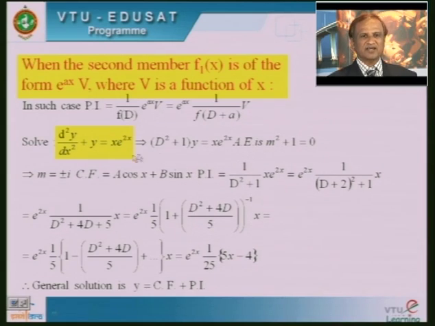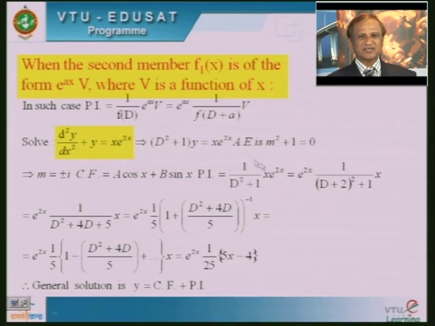Now we want to find the particular integral. How are we going to find it? 1 upon D square plus 1. Why is it D square plus 1? It is f of D, with the coefficient of y being 1. We write this operator on the right hand side member, whatever is given in the differential equation, x into e to the power 2x.